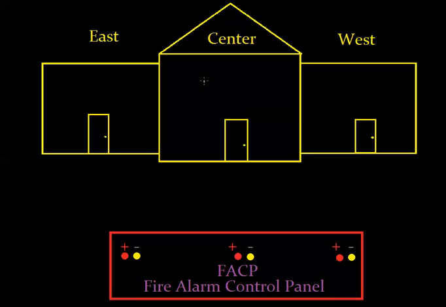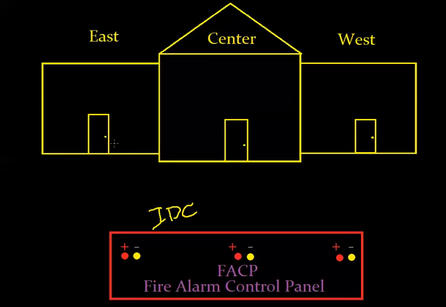Maybe I'll write it down. IDC, and again, that stands for initiating device circuit. So this has 3 zones, and as you can probably tell, each zone is going to cover one area of the building. So let's imagine that this is a very basic school and there's 2 devices per wing.